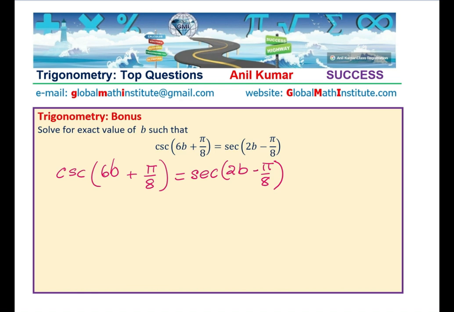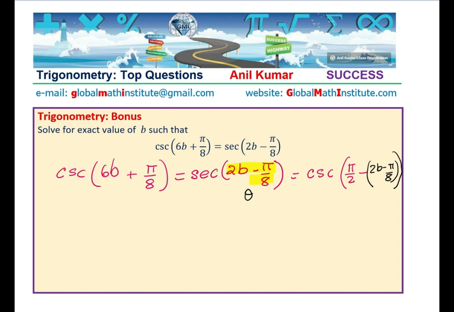We can write down the right hand side as cosecant of pi by 2 minus all this. Imagine this whole thing is the angle theta. So it will be pi by 2 minus (2b minus pi by 8) in smaller brackets.